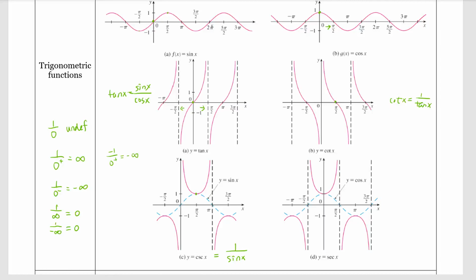But when x goes to 0, the sine goes to 0, and 1 over 0 plus is infinity. And here you're getting close to 0 from the right, positive, so that is also infinity. So it's like you flip it over, right? And minus 1 is also minus 1. Then you flip it over, okay? So that is cosecant. How about secant? Well, secant is 1 over cosine.